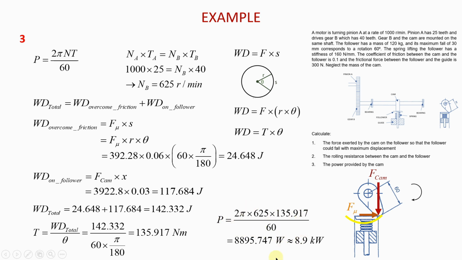And so you will find that power to be 8,895.747 watts, or you can just round it to 8.9 kilowatts. And so that is the power provided by the cam. And so I felt it was necessary for me to show you how to deal with questions on cams that are of this nature. And I hope this video was helpful to you.